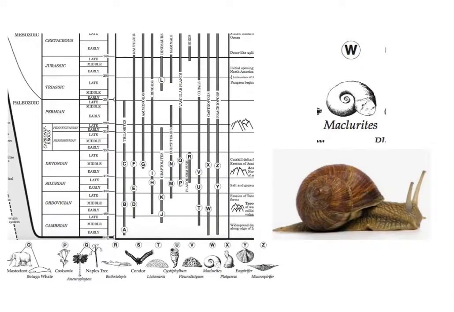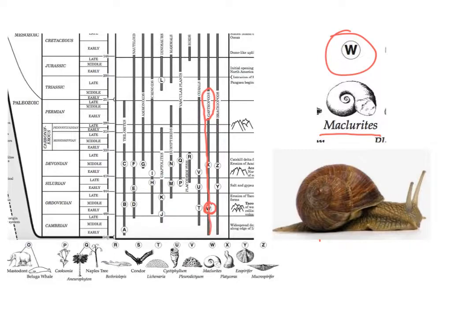All right, hopefully you got that one correct. McClurites was fossil W, so you had to find W on this chart, and I found it right here. So as I look at this bar, I can see that it is a gastropod.